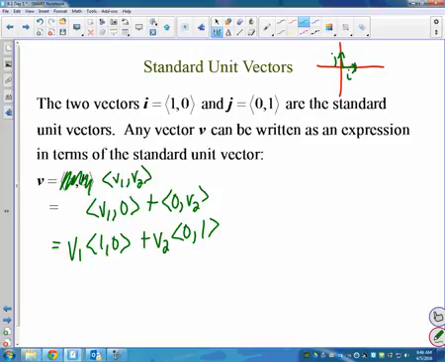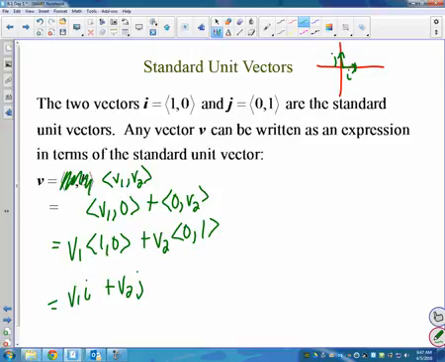So every time you have a vector, you could do that, which means to write it in this ij form, I could replace 1, 0 with i, which means we could write this as v1 i plus v2 times 0, 1, which is always j.